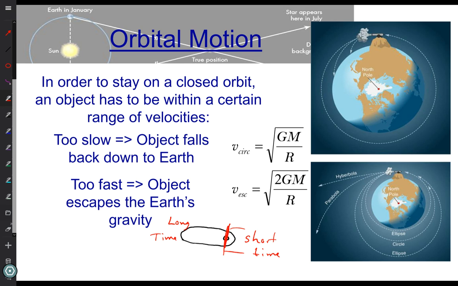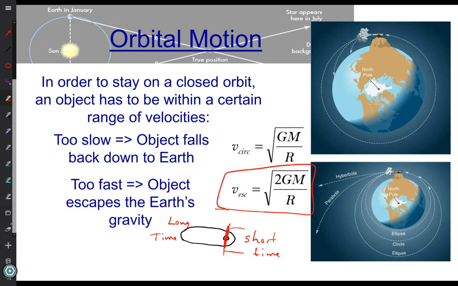It breaks free. And using energy calculations, we can calculate how much speed it needs to have to break free of the object that it's orbiting. And so that's what the escape velocity is. The escape velocity is how fast it has to go to break free. And you notice the escape velocity is very similar to the circular velocity. It's just a 2 inside the square root times the circular velocity.